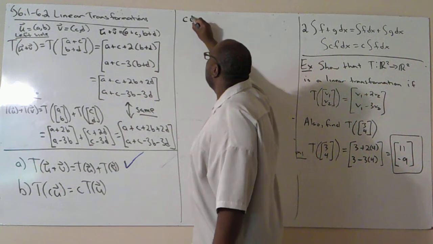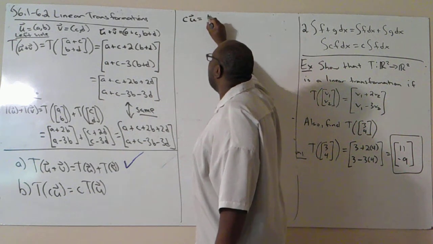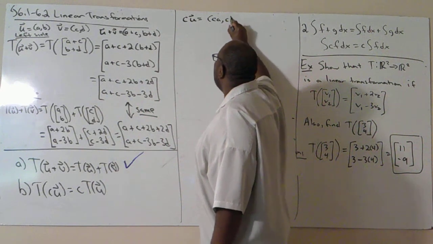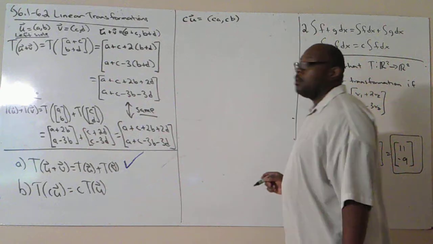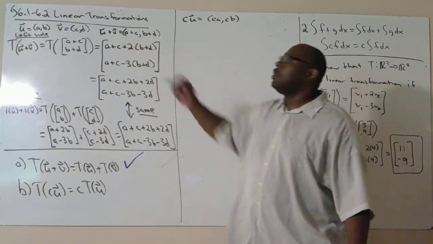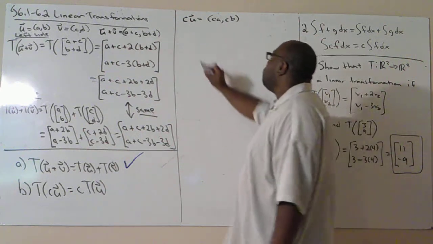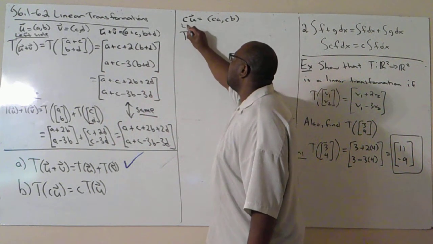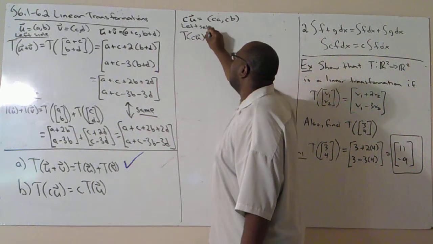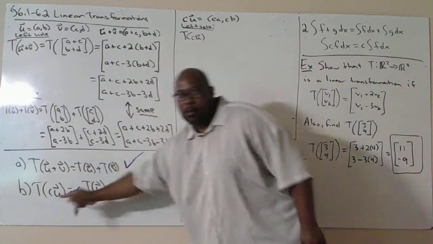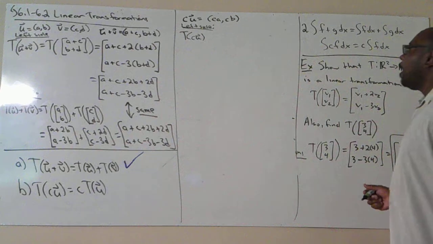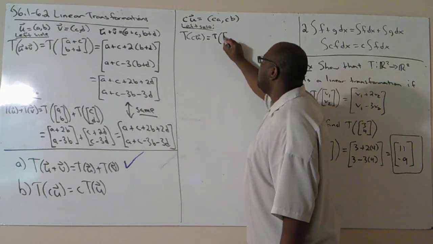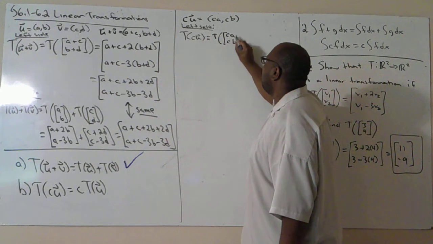So C times U is the same thing as (CA, CB). So let's do T of C times U. This is my left side. So it's going to be T of (CA, CB).